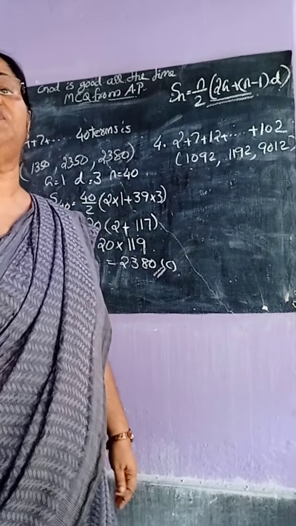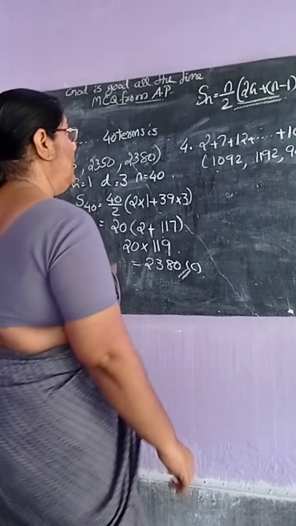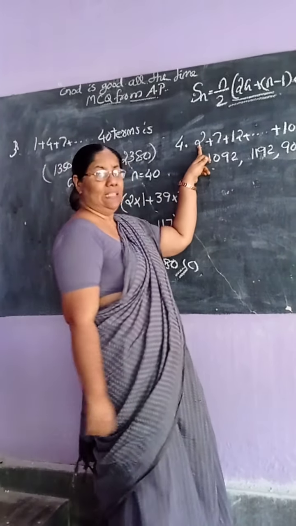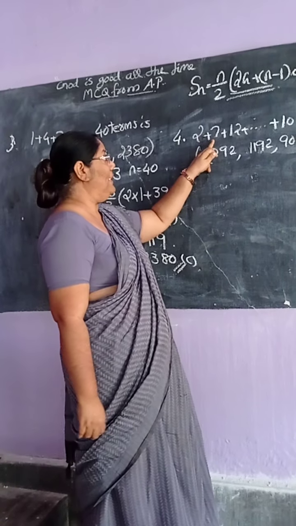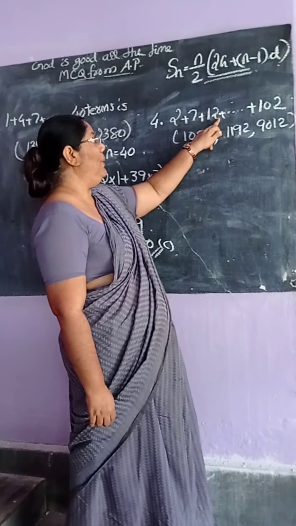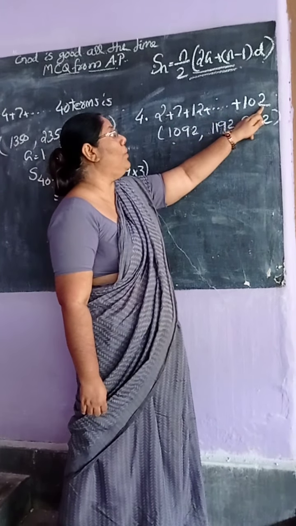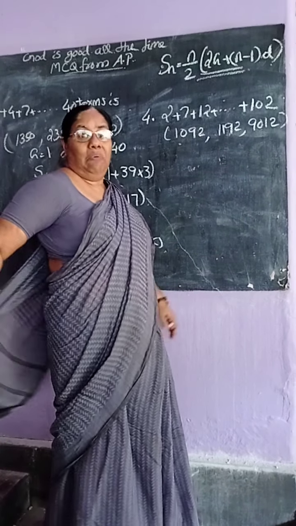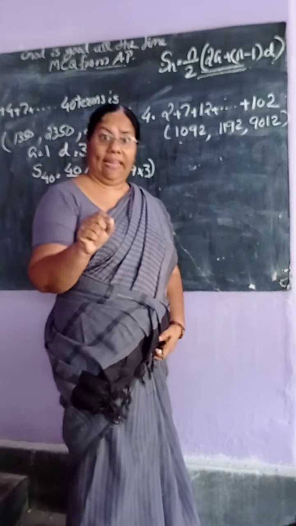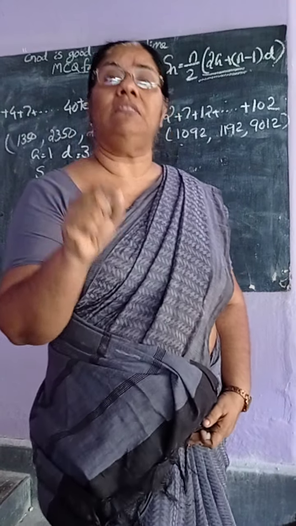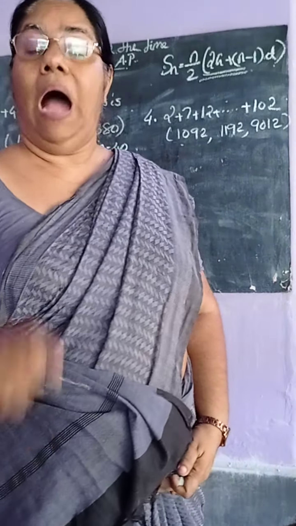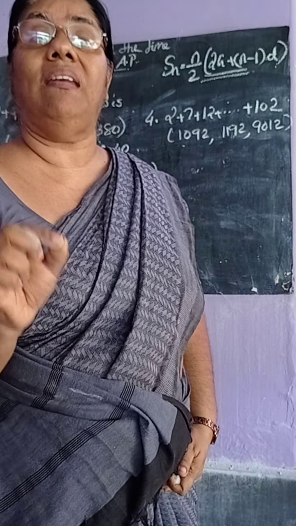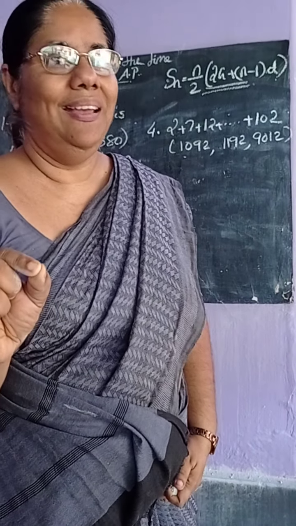But here, look at the series, 2 plus 7 plus 12 plus etc. plus 102 means the last term is 102. Our aim is to find which term is that 102. How many terms are there in the series?